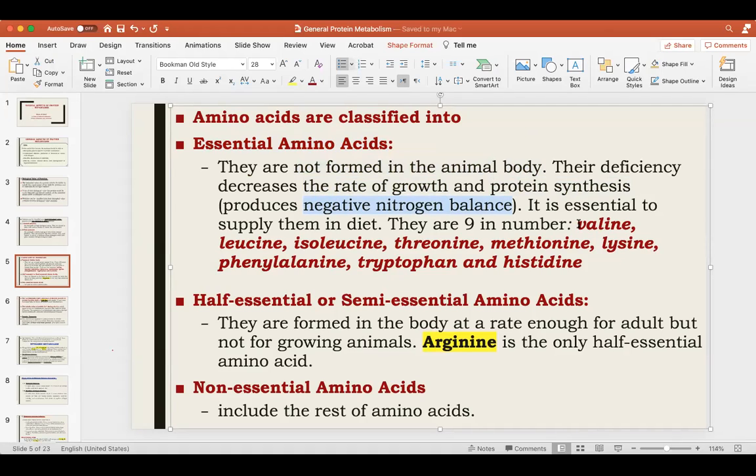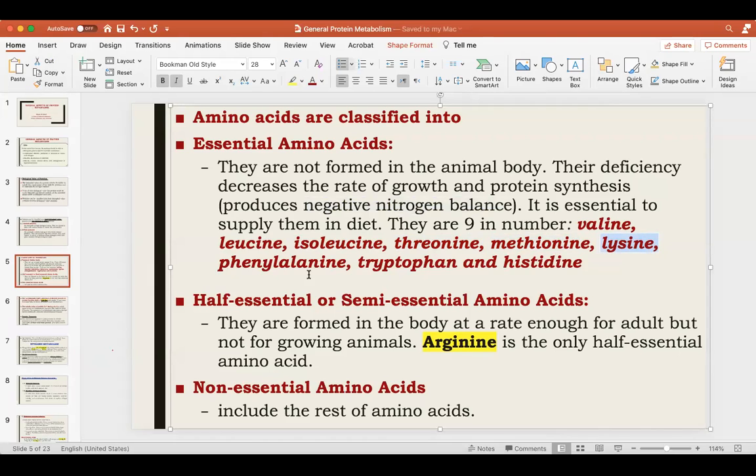You must study and memorize all the essential amino acids, which are valine, leucine, isoleucine. Valine, leucine, isoleucine are branched amino acids. Threonine, hydroxy amino acid. Methionine, sulfur amino acid.